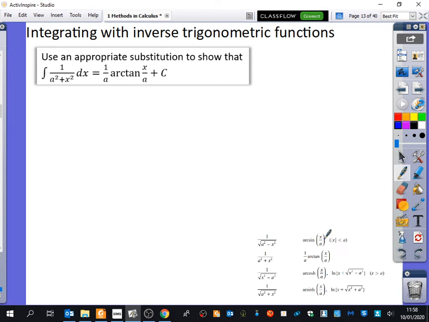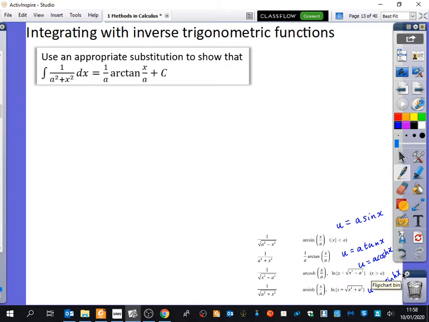For the one that integrates to arcsine, u is going to be a sine x. For the arctan one, u is going to be a tan x. For the arcosh one, u is going to be a cosh x, and for the arsinh one, u is going to be a sinh x.